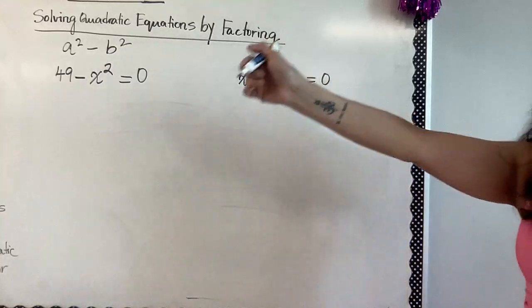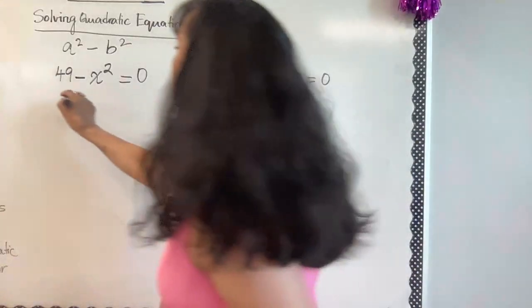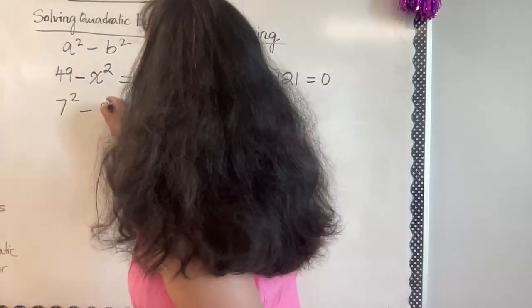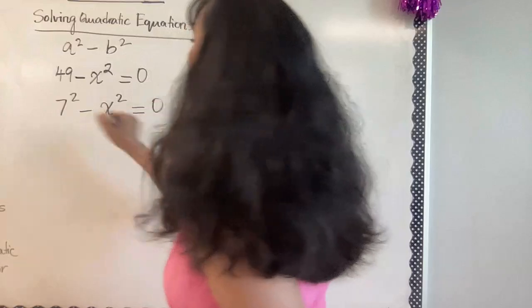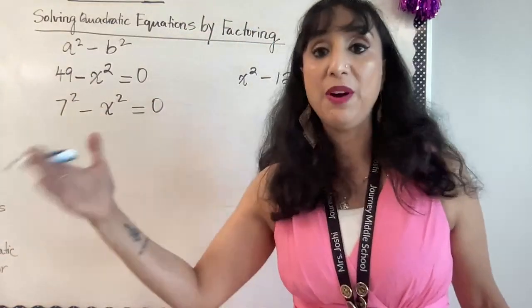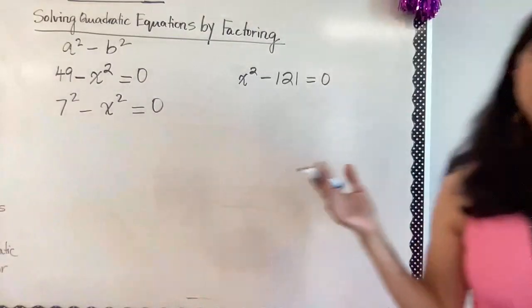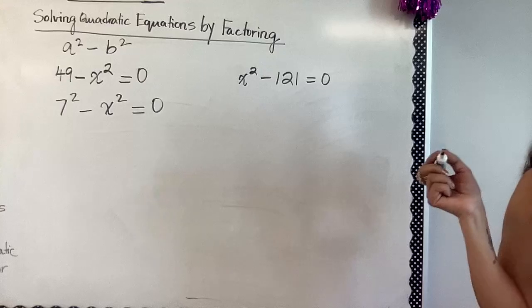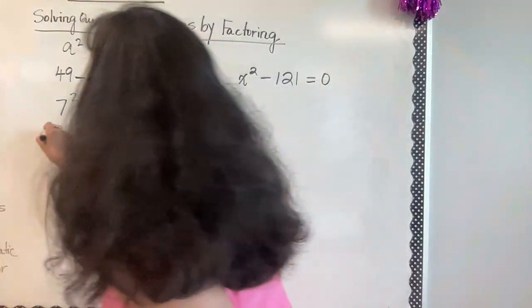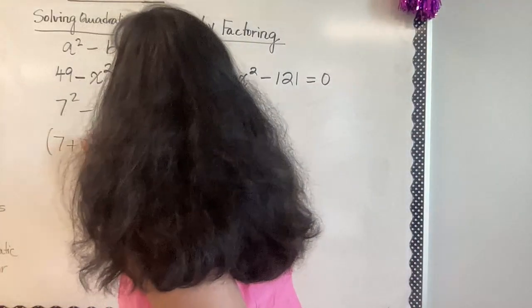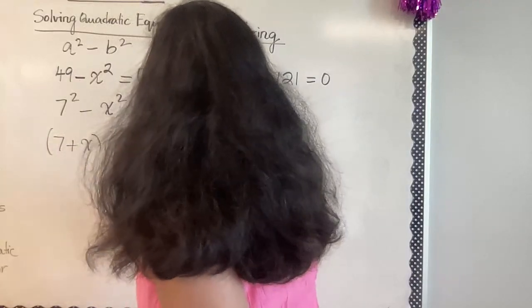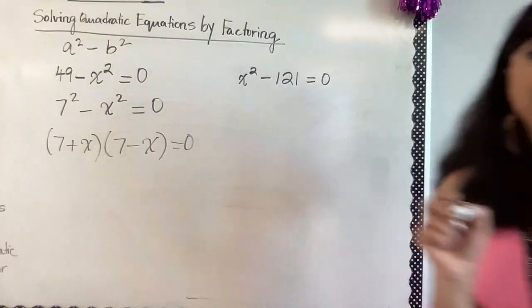So this is basically saying 7 squared minus x squared is equal to 0, because 49 is a perfect square, and what is the square root of 49? It's 7. So 7 squared minus x squared gives me 0. So this is saying 7 plus x times 7 minus x is equal to 0.